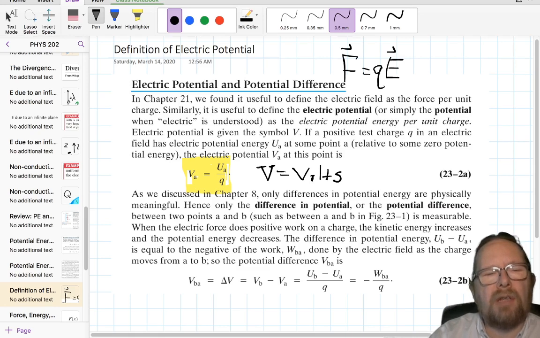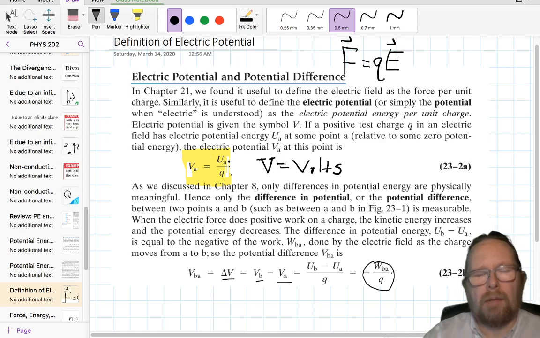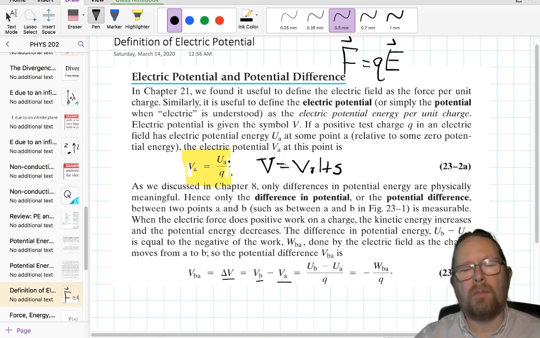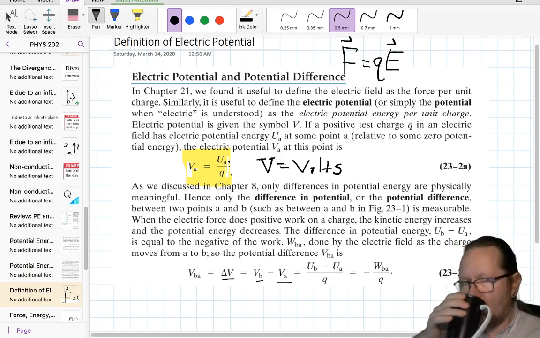But we define the electric potential as the potential energy per unit charge in an electric field, which means that the potential difference between two points in a field is equal to the potential at point A minus the potential at point B, which is equal to the negative of the work done, per unit charge, when you move an electric charge through a field.